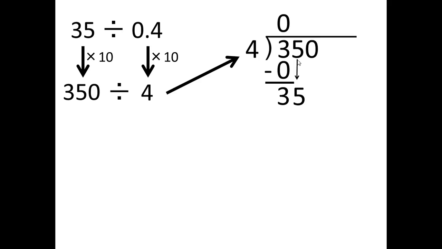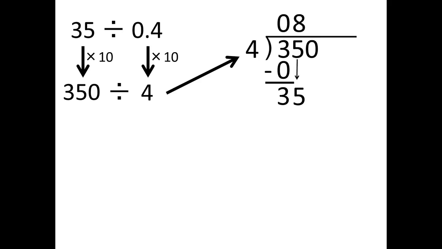Then I'll be asking myself, how many times can 4 go into 35? Into how many whole parts can I divide 35 by 4? And the answer is, at most, I can have 8 whole parts.